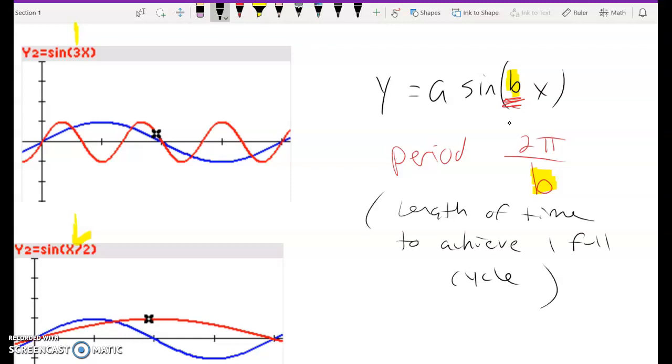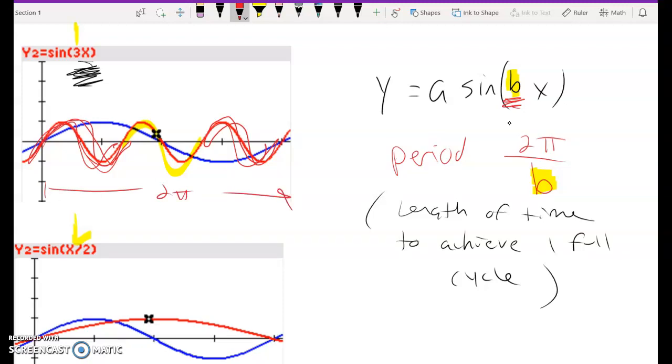Right? And so, for example, if we look at the sine of 3x, which is the red function, we have 3 times the cycle. We have 1 cycle. Right? Here's a second cycle. Here's a third cycle. So we have 3 full cycles from 0 to 2 pi. Right? That's the interval we're looking at.